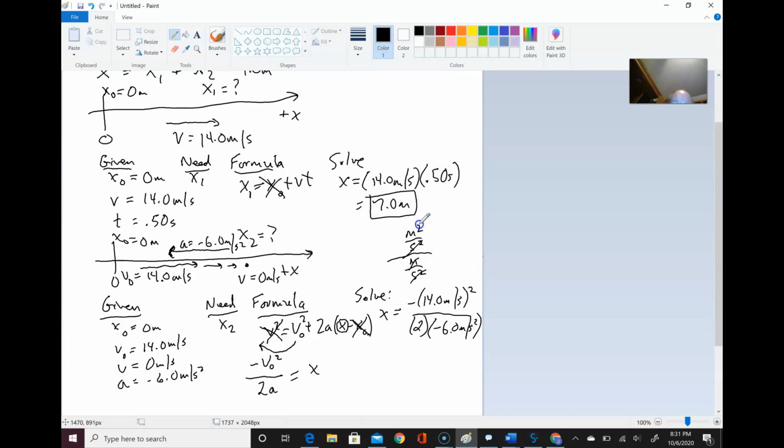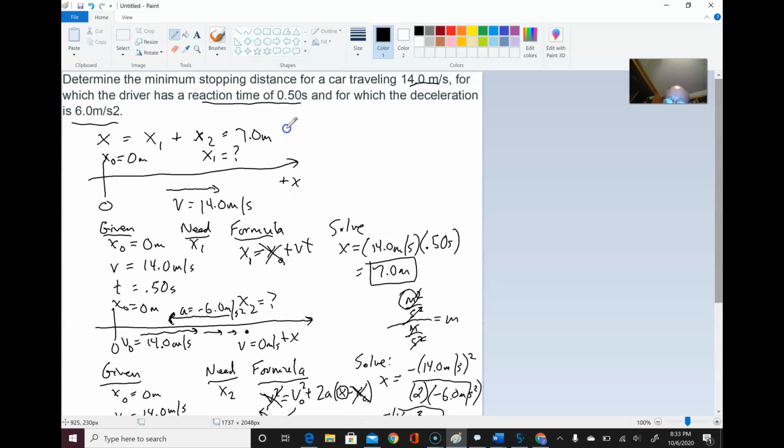And this meters is going to cancel out with one of these meters. And that's going to leave me with meters. So that's what I need, right? So make sure your units cancel out correctly as well. Okay, and that's going to give me 16.3 meters. So now I go back up here to my top of this and add this in. 16.3 meters. And that gives me a total of 23.3 meters.